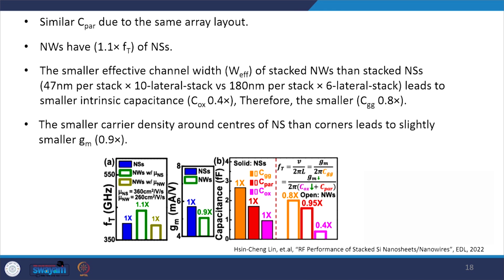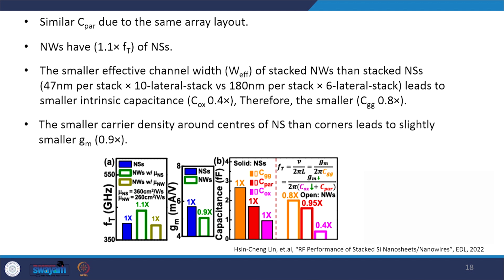The smaller effective channel width of the stacked nanowire than stacked nanosheets leads to smaller intrinsic capacitances, and therefore smaller values of CGG. The CGG gets smaller in the case of nanowires as compared to nanosheet FETs. Now, however, for the nanosheet FETs, we have assumed the shape to be rectangular in nature.